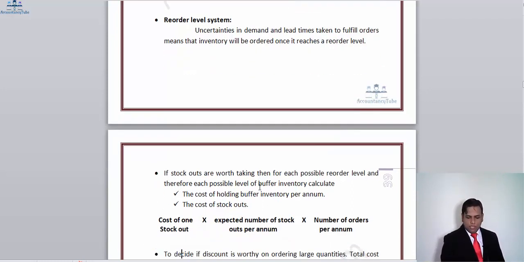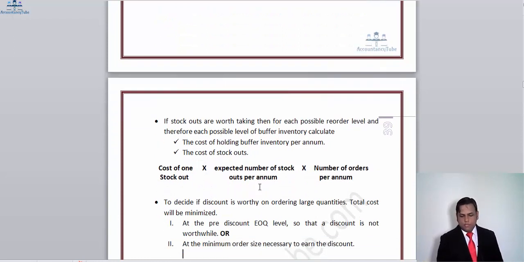Now there is a cost versus benefit trade-off when it comes to inventory management. For most businesses, stock outs are not fatal. So if stock outs are worth taking, then for each possible reorder level, and therefore each possible level of buffer inventory, we need to calculate the cost of holding buffer inventory or the cost of stock outs.